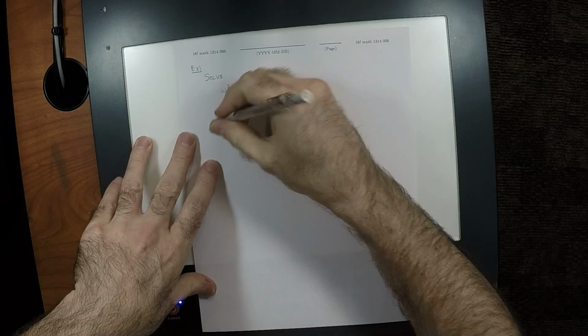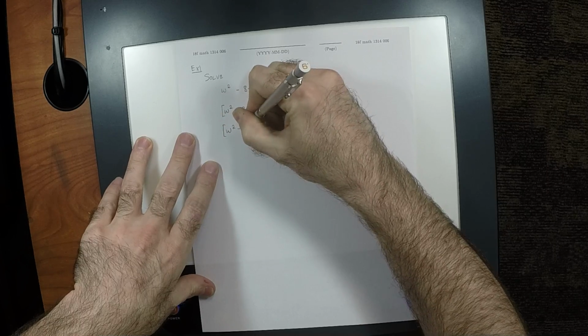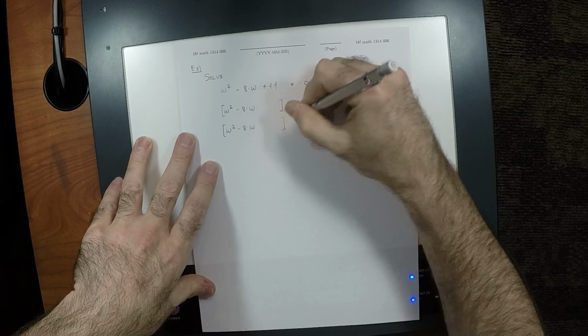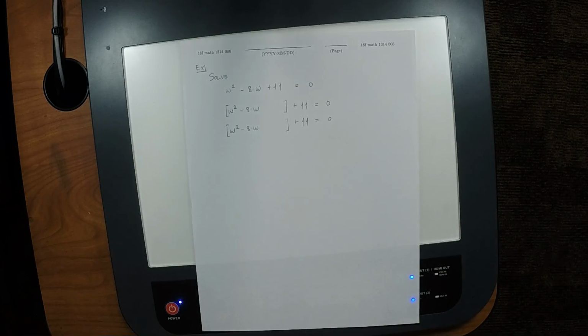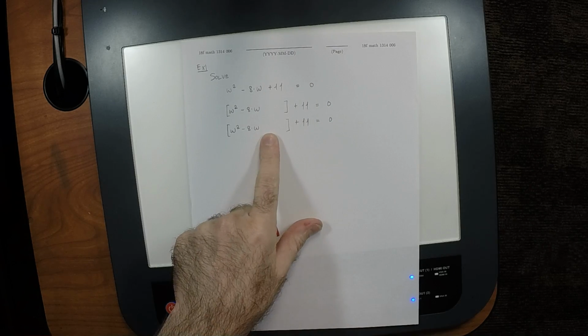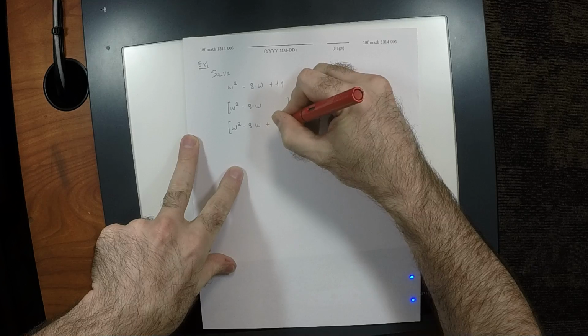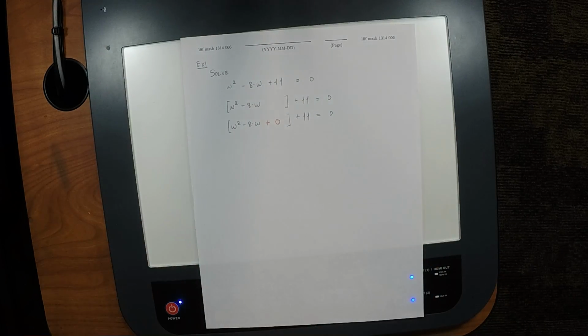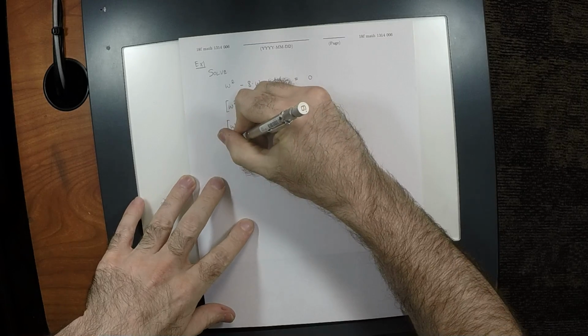Now, inside of the parentheses there, I'm going to add something. What's the only number that we can add, and it won't change the equation? 0. 0 is the only thing that is permitted that we put in there. So I'm going to write something that's equal to 0.